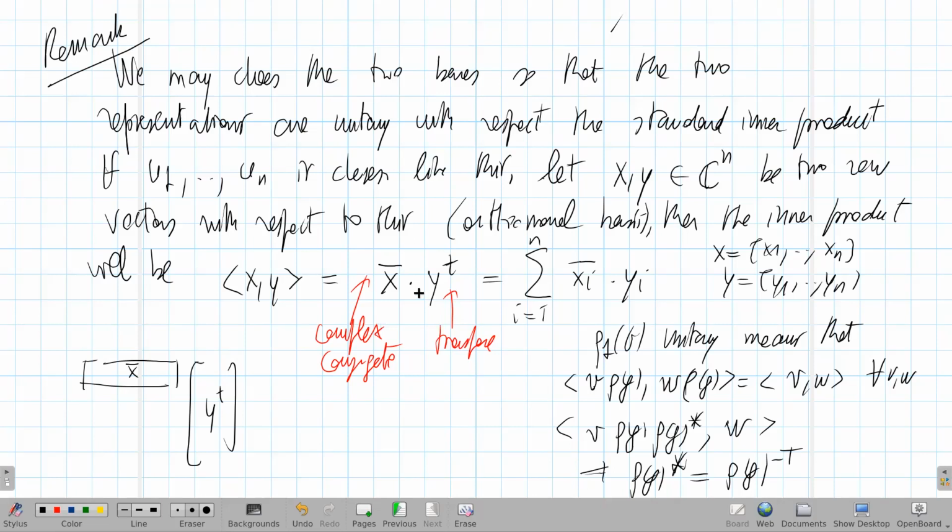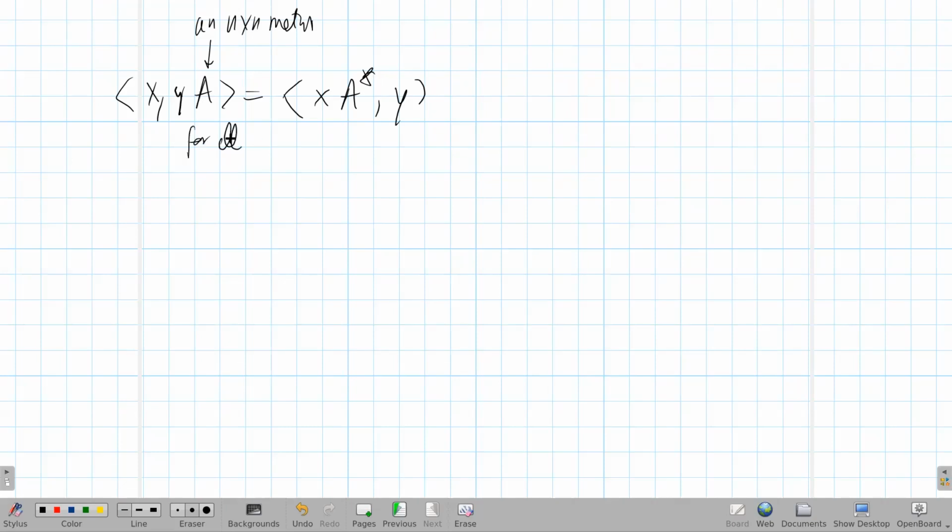But what's the adjoint with respect to this scalar product? Well, the adjoint goes like this. You have a matrix A, an n times n matrix, and there is a unique matrix A star, which is the adjoint, which guarantees that you have this for all x, y in Cn.